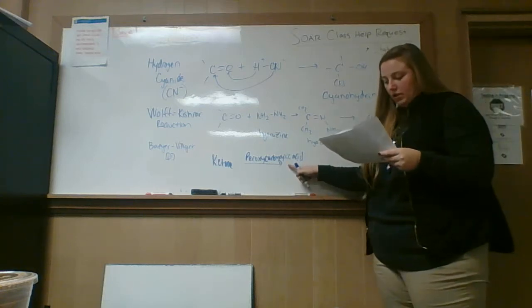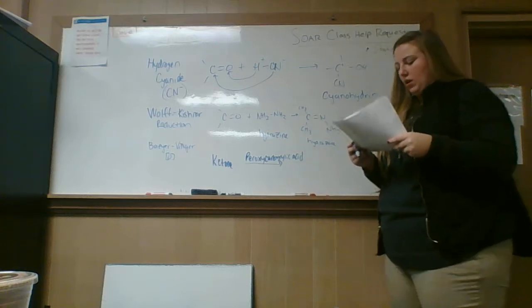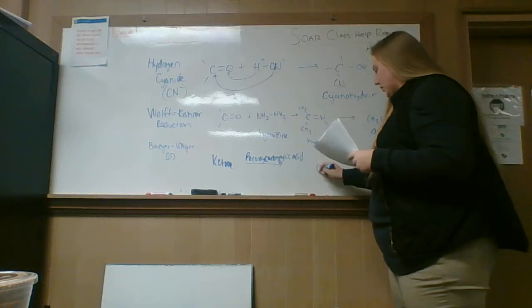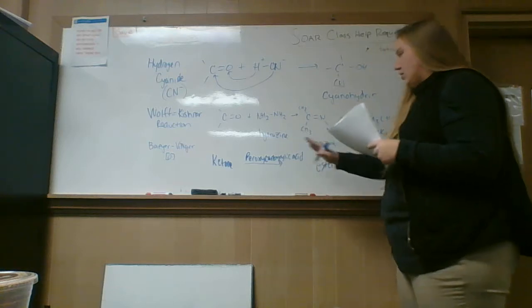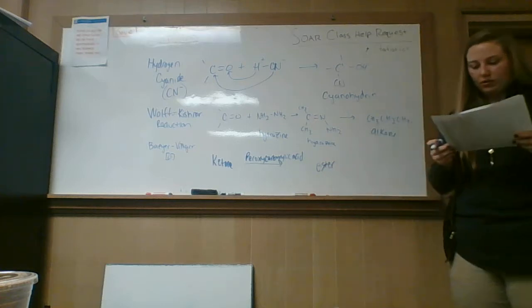You don't need to know what this looks like, but you should know that it's the catalyst in this reaction. Your final product is going to be an ester. So ketone, peroxycarboxylic acid, final product ester.